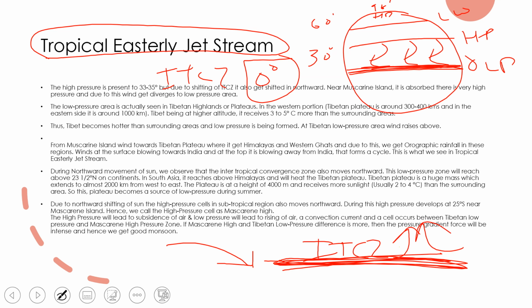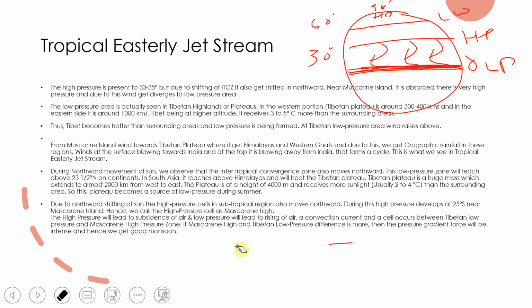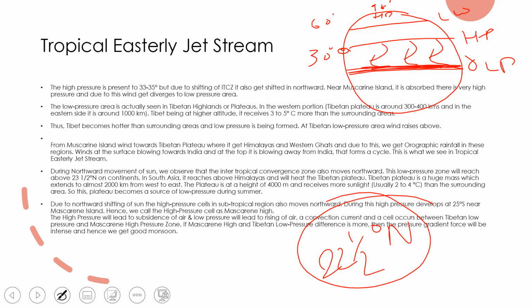So here it is mentioned that when the earth moves in the northward direction, your 30 degree high pressure will also move northward and your low pressure will also move. So the low pressure will form at 22 and a half degrees north. Earlier it was at 0 degree.